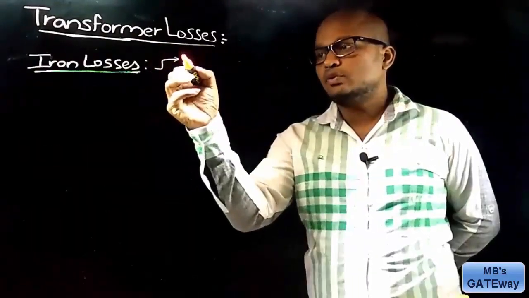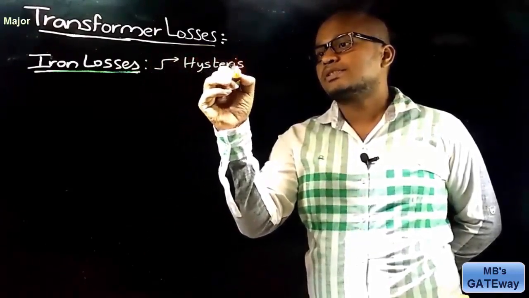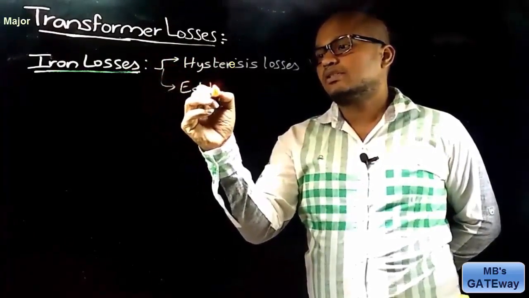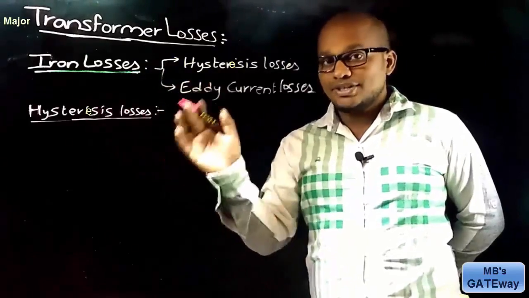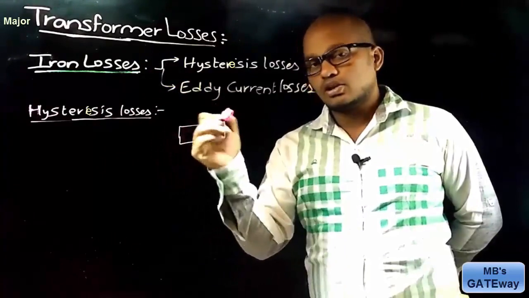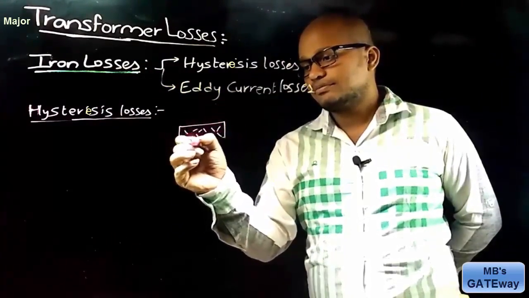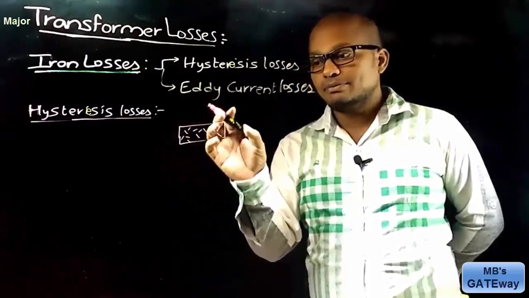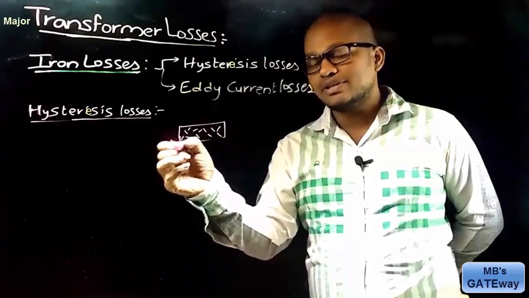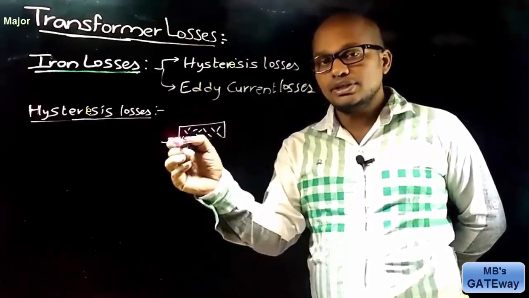Iron losses are classified into two types, that is hysteresis losses and eddy current losses. Now let's discuss hysteresis losses. In a magnetic material, under normal conditions, there will be a number of domains which are randomly placed, and when this magnetic material is excited from an external source, these domains will be aligned in different directions depending on the excitation.